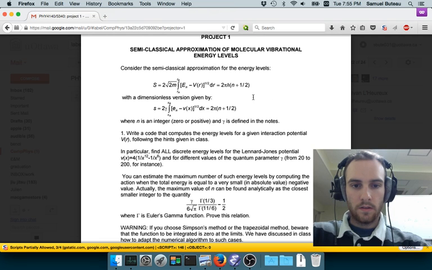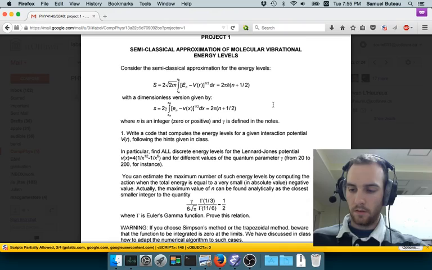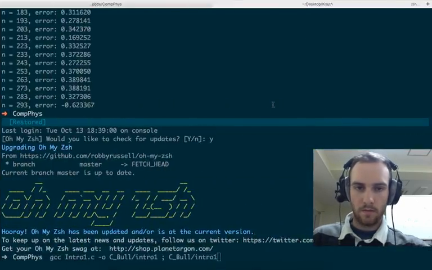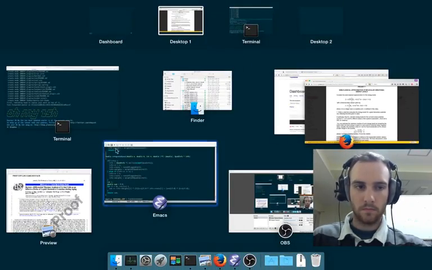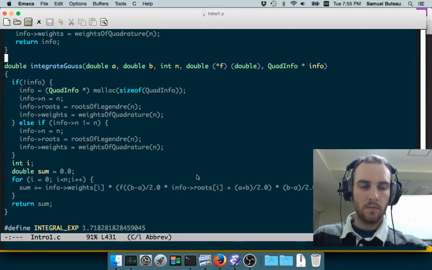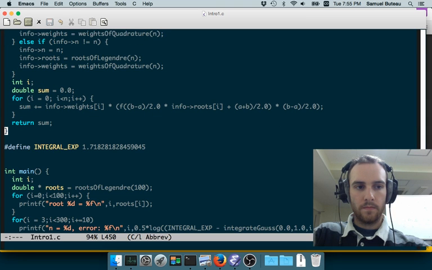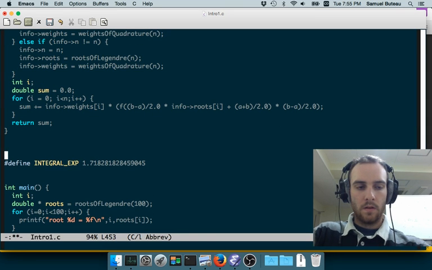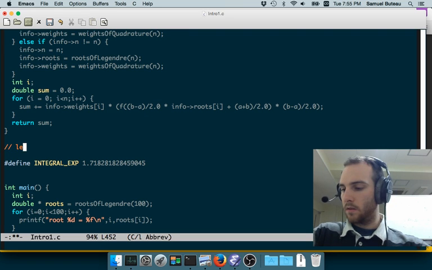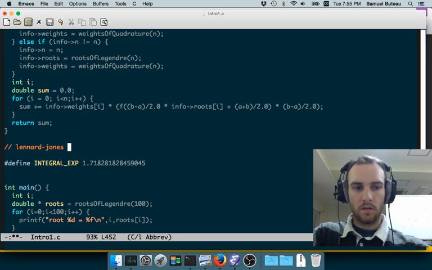We don't see it here, so I'll just write it. Lennard-Jones potential.